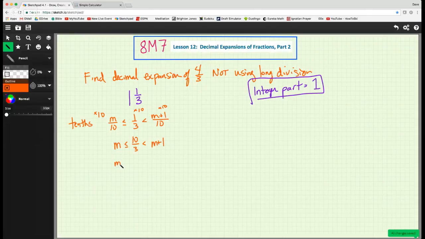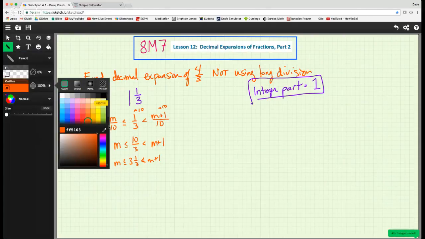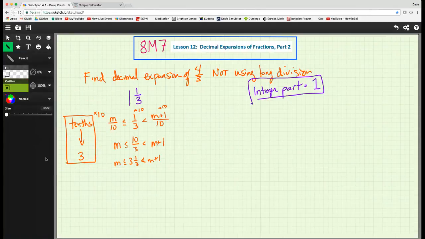Well, that's m is less than or equal to 3 1/3 is less than or equal to m plus 1. So our tenths digit is 3. Good. So now let's go again.